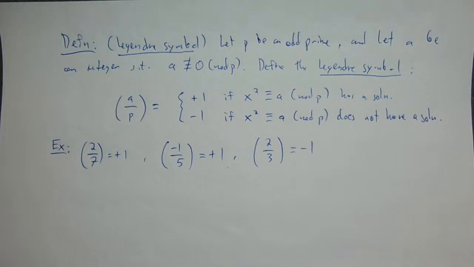But it turns out that due to quadratic reciprocity, when it comes to actually computing these Legendre symbols, which I'm going to do a bunch of examples of later, quadratic reciprocity is going to make our lives very, very easy. But first, I need a proposition.